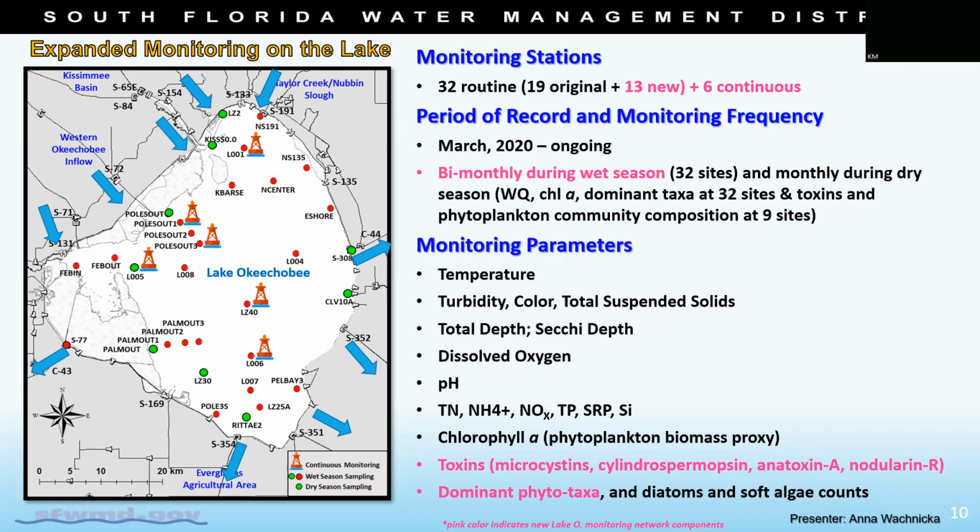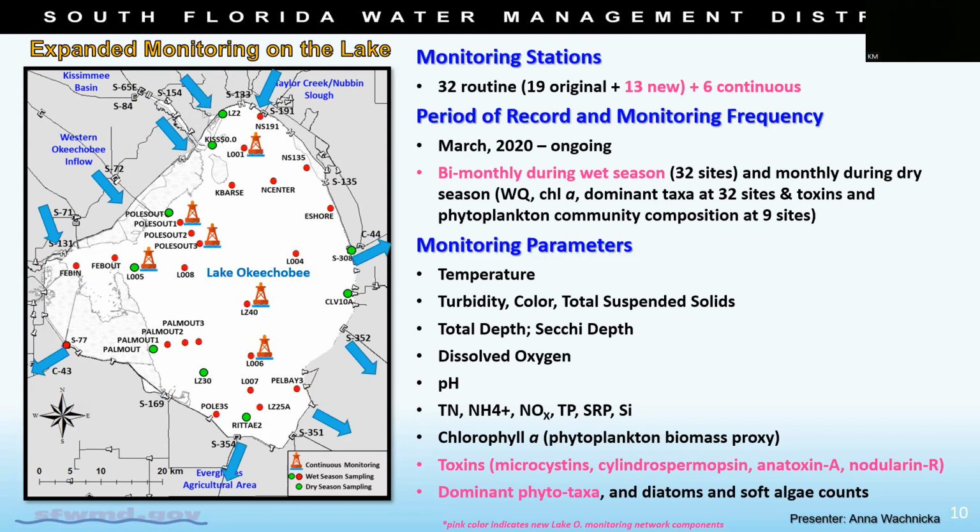We added an additional 13 sites thanks to Governor DeSantis' Executive Order 1912. And in March of 2020, we got more money for monitoring from the state. Those are all the sites that we collect data from. And the little buoys are the locations where we have continuous monitoring stations on the lake.